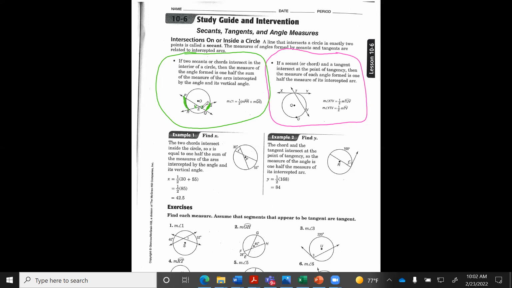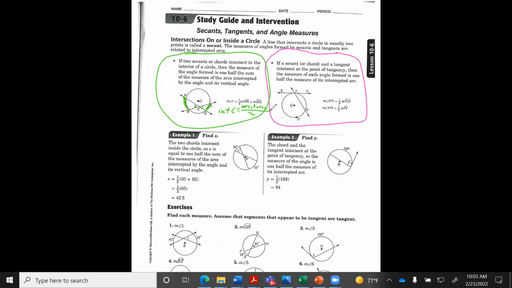They have it written this way. I normally write it a little bit different. So if I said interior angle equals, I just say usually arc 1 plus arc 2 over 2. Again, it's the same idea.